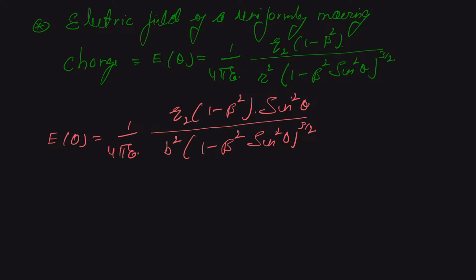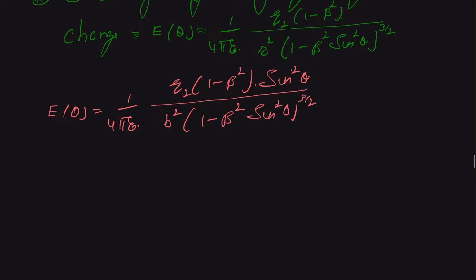Now we are interested in the horizontal component of the force. That is our requirement, and we know that the force is nothing but the charge multiplied by the electric field. We are given that the q1 charge is at rest. Therefore, we can write the value of the force will be equal to q1 times the electric field.